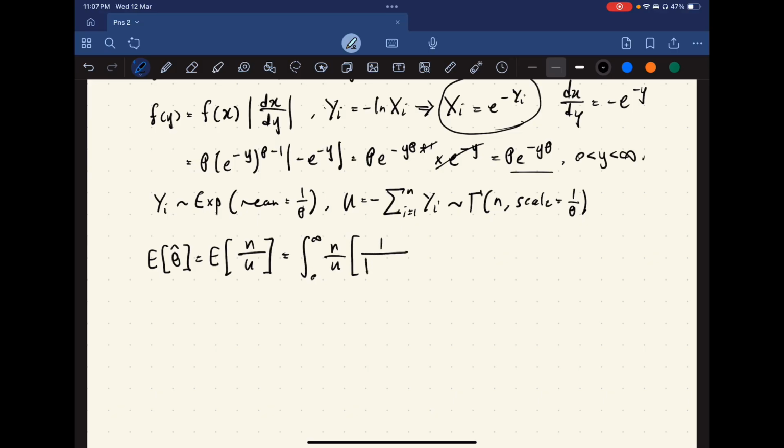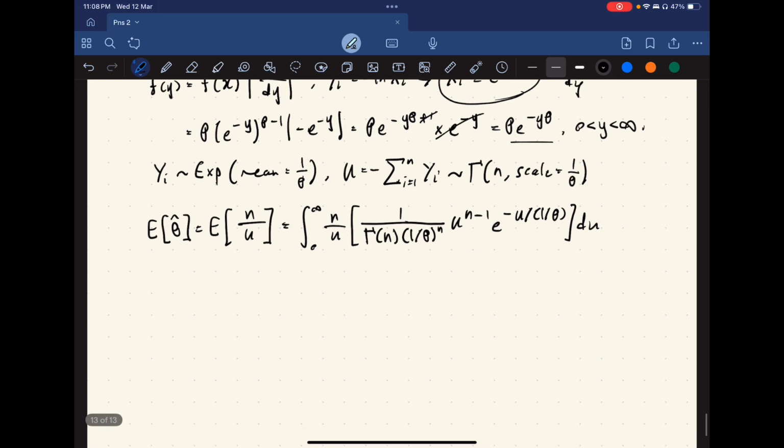It's 1 over gamma n, times 1 over theta raised to the power of n, times u^(n minus 1), times e to the power of negative u over 1 over theta, du. Then we simplify.